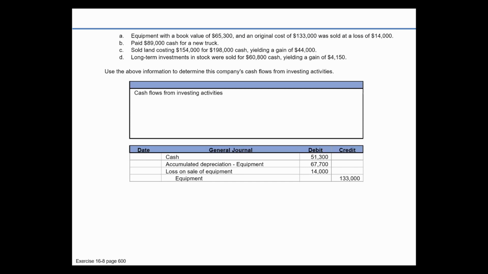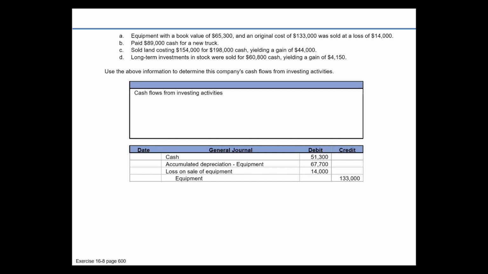In order to do that, you have to reconstruct the journal entry for that. It would be a cash debit in the amount of $51,300 because that's what we actually received. To figure that out, you take the book value and subtract the loss of $14,000. That gives you the amount of cash that you actually received. And then the accumulated depreciation was $67,700 debit.